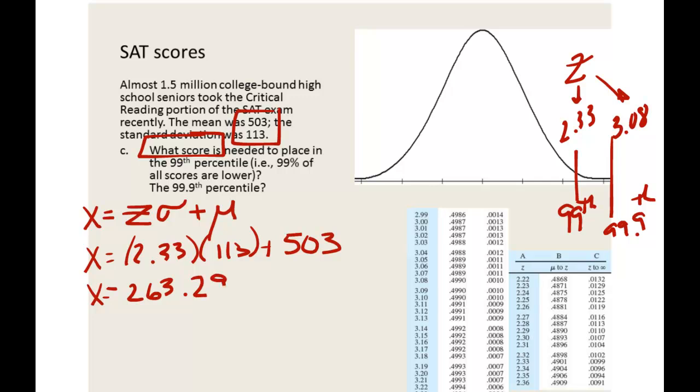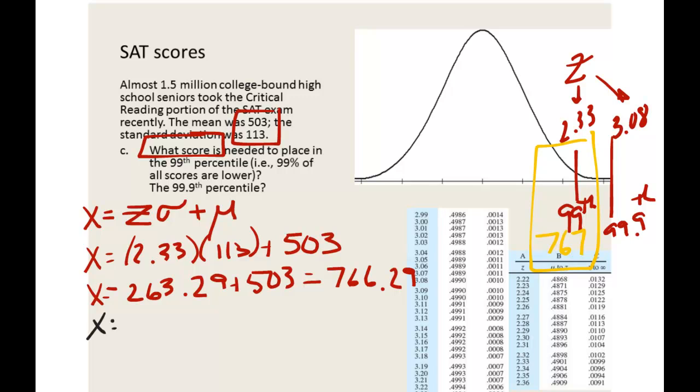But it gives you an exceptional score once you multiply and then add your terms, of a 766. They don't do SAT scores with decimals, so 767 would definitely ensure that the person was in the 99th percentile. Kind of splitting hairs though. 766, 767, pretty much the same thing.